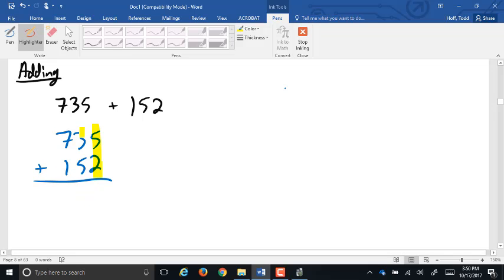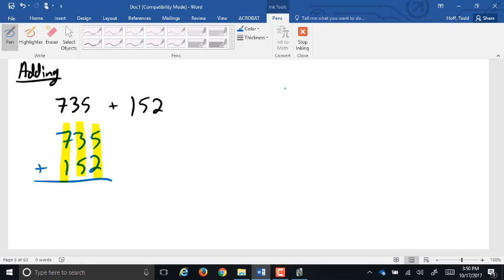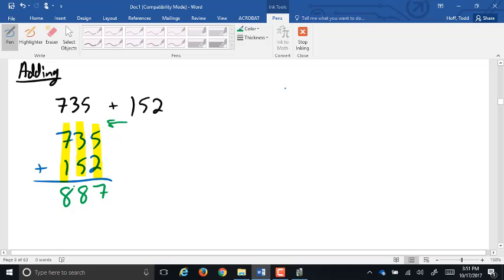My ones with my ones, tens with my tens, hundreds with my hundreds. And I start from my right, work my way back to my left in case I have to carry. So 5 plus 2 is 7, 3 plus 5 is 8, 7 plus 1 is also 8.